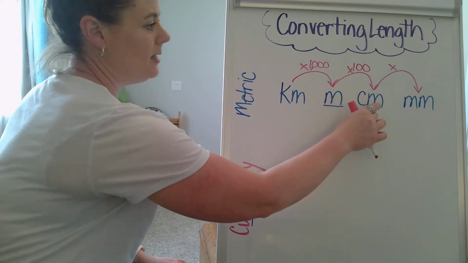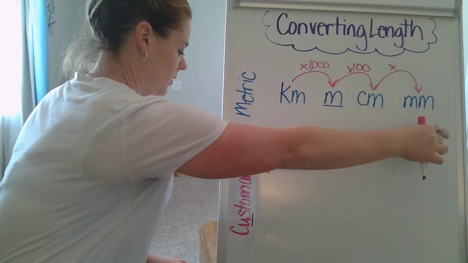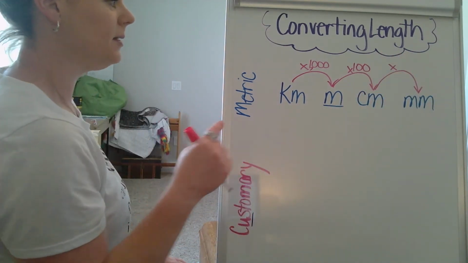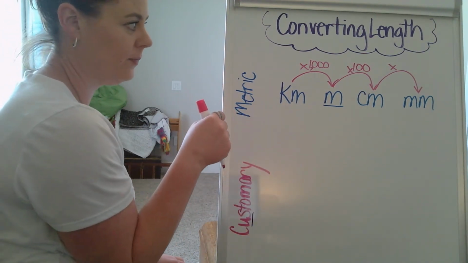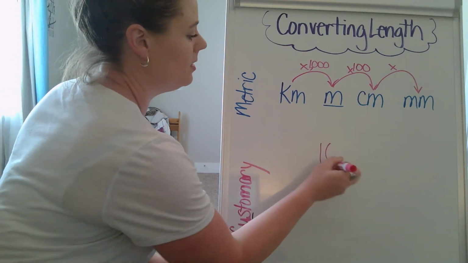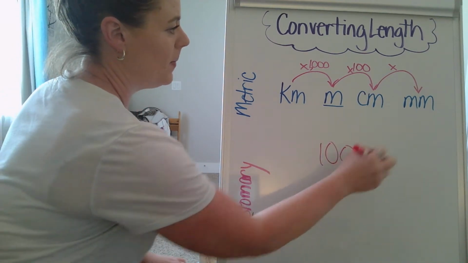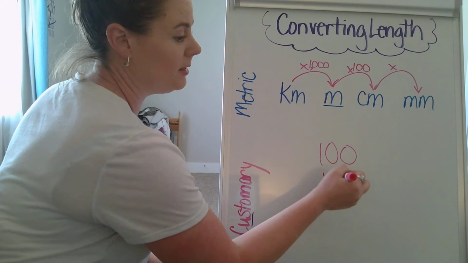And then centimeters to millimeters, centi to milli. Centi is 100. So if I wrote down 100, that's centi. Milli means 1,000.